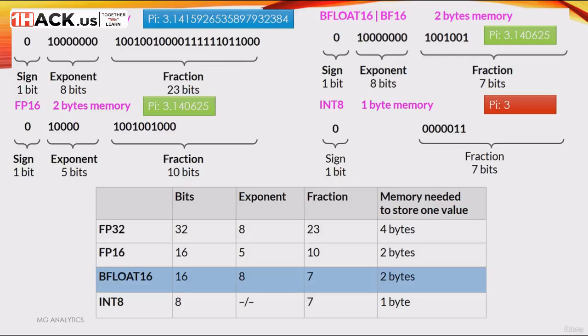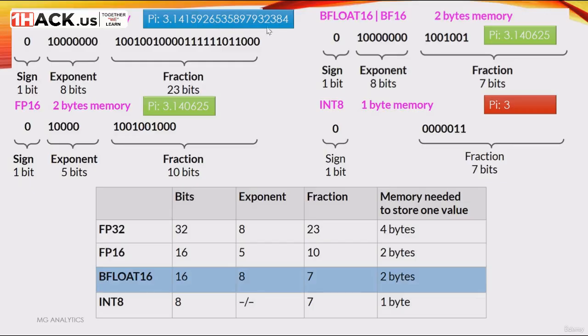Okay, and when we decrease the size in which this data is saved, some amount of information is lost. So instead of being able to save 23 bits, if we use BF16 instead of FP32, we will be able to save only 7 bits of the fraction.